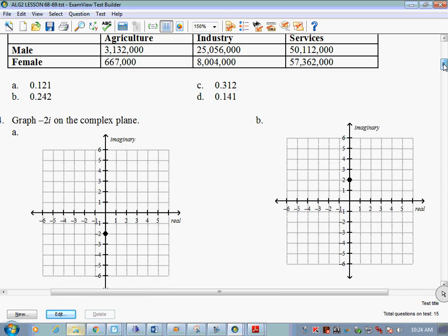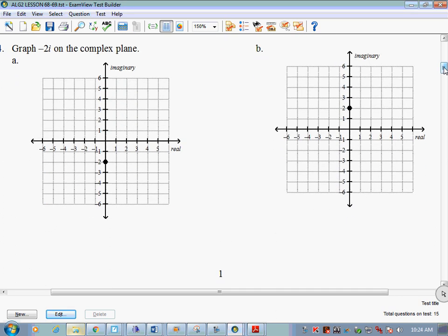All right, let's drop it down here. This says graph -2i, and if you remember, we're looking for a + bi, where a is my left and right movement, b is my up and down movement. Do I have any left or right movement in negative 2i? No, because essentially this is 0 minus 2i.